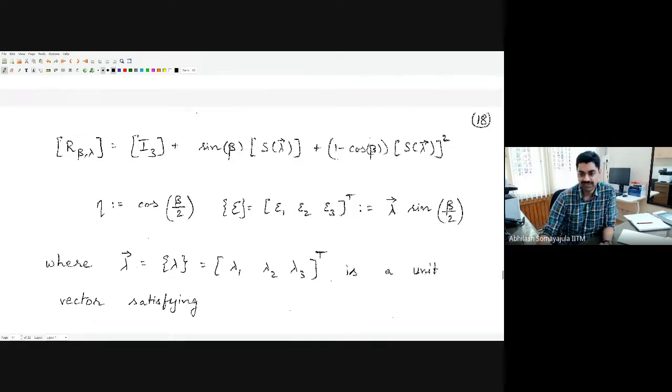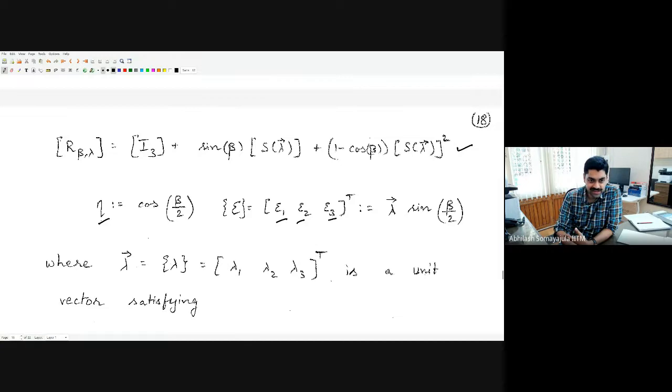Okay, so now when we try to express this, we already saw this. This will be our starting point in order to look at the rotation matrix. So instead of being characterized with respect to this angle beta and lambda, we want to characterize it with respect to our quaternions. So we want to characterize it in terms of eta, epsilon 1, epsilon 2, and epsilon 3.